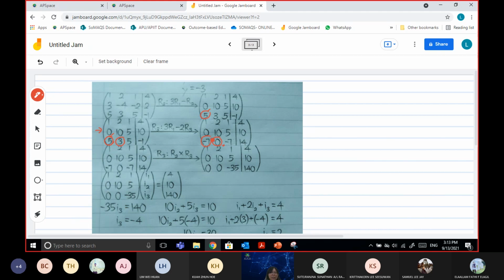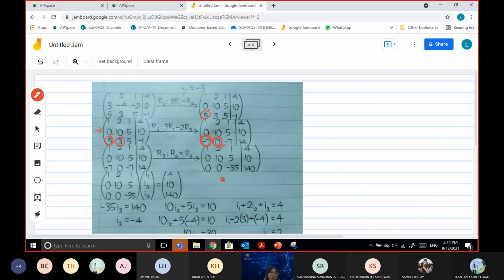But if you don't follow the sequence, this one gets a 0, then you come to here and get a 0, but later when you want to get this as a 0, most probably you have to use the second row or even the first row, then there's a chance that the 0 you obtained earlier will become non-zero again. So Wei Huan, you get what I'm trying to tell you? So that's the reason why we follow the sequence.